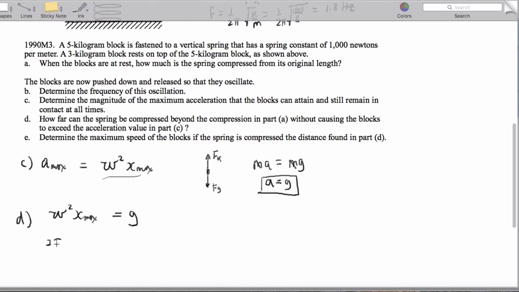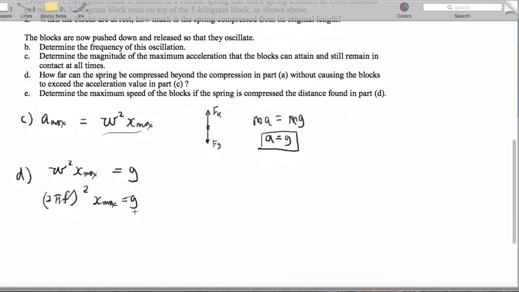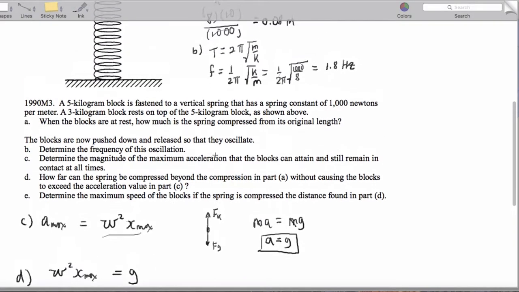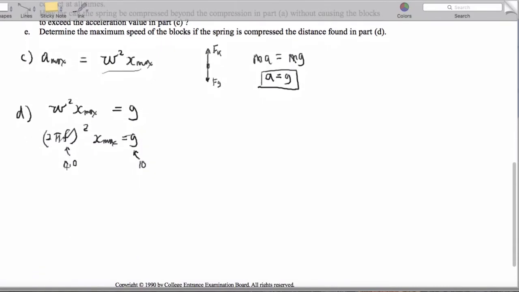So that's 2 pi f quantity squared times x max equals g. And we have numbers. We know g is 10. We know f is 1.8 hertz.